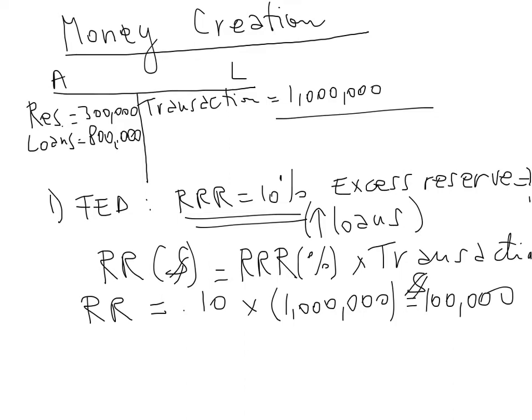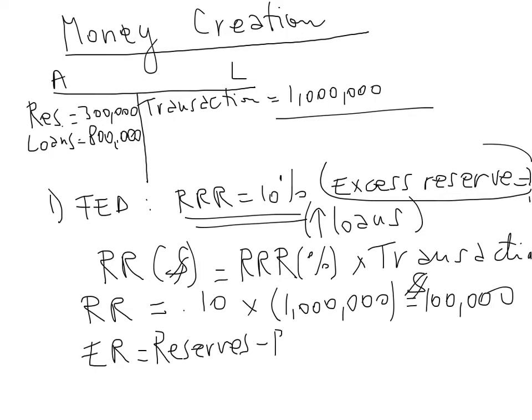Now, how do we find the excess reserves? Well, the excess reserve is whatever reserve the bank has minus the required reserve. In our case, the bank has $300,000 as a reserve over here, minus, we just solved for the required reserve, 100,000.